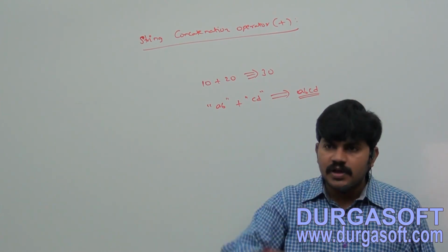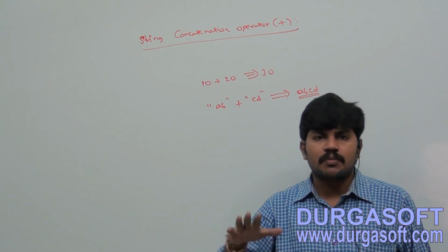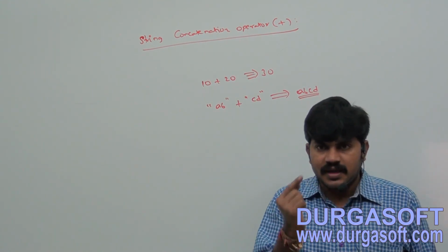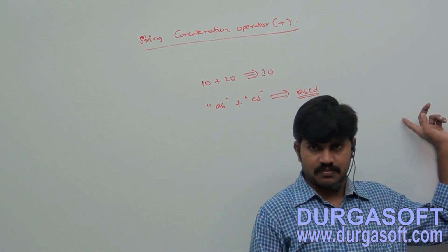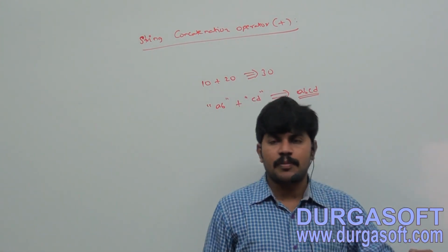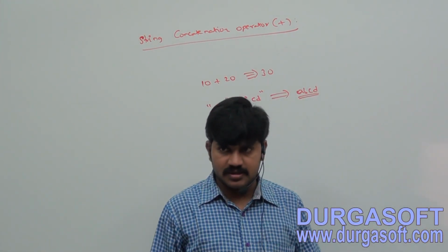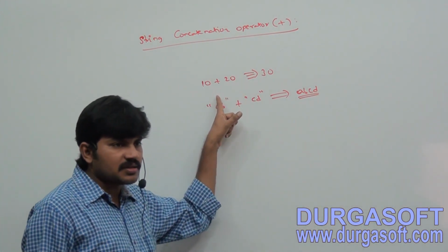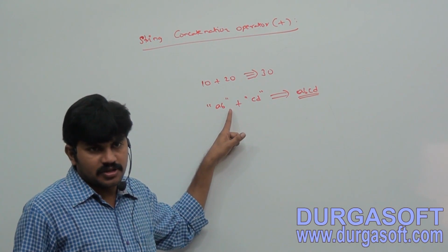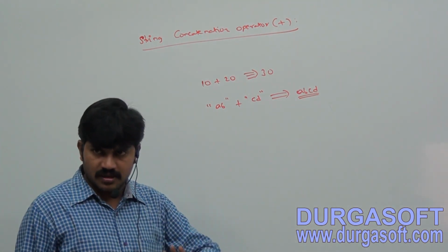That's why at language level, Java won't support operator overloading. But one special exceptional case is this plus symbol. So can I say plus is an overloaded operator in Java? Yes, because sometimes it acts as an arithmetic addition operator and sometimes as a string concatenation operator. Both options are there. Is it clear?